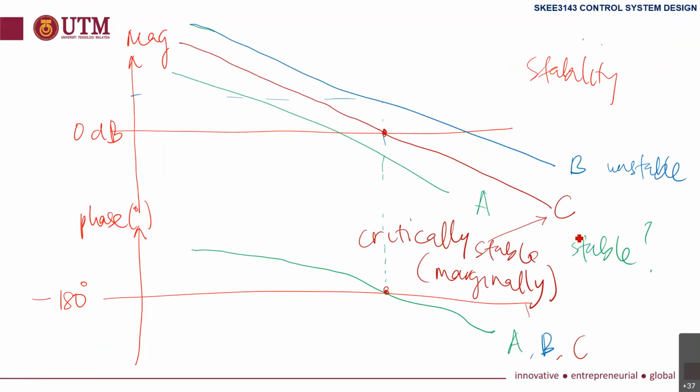A critically stable system is a case where the pole is on the imaginary axis, the j omega axis.